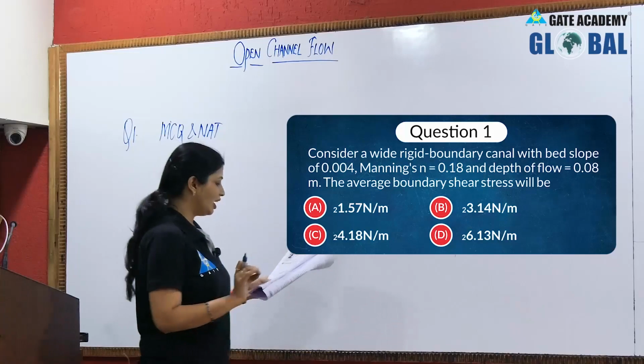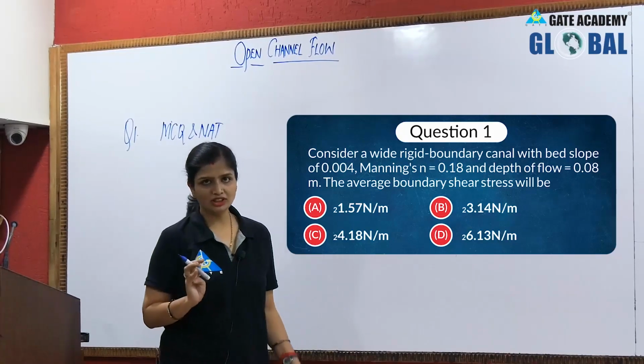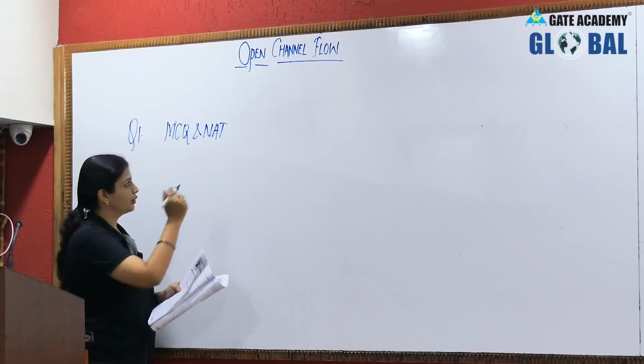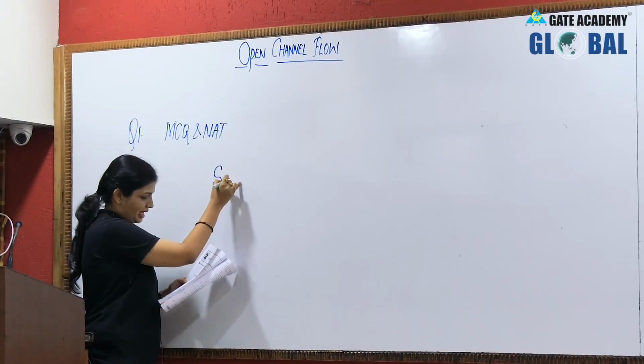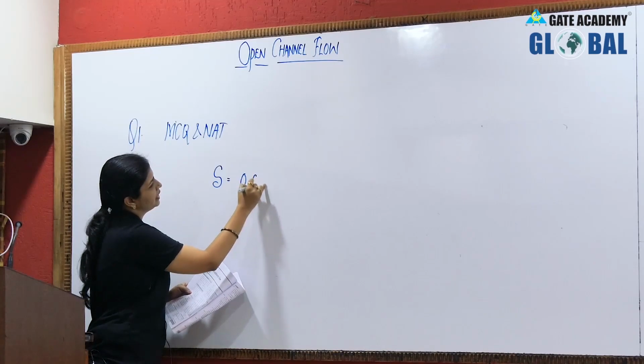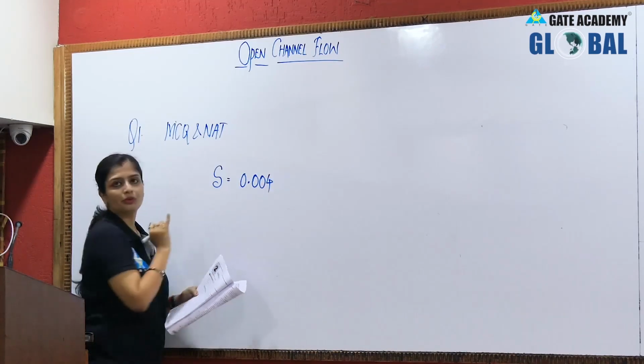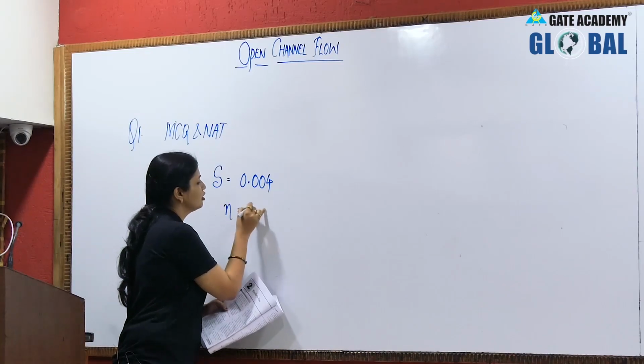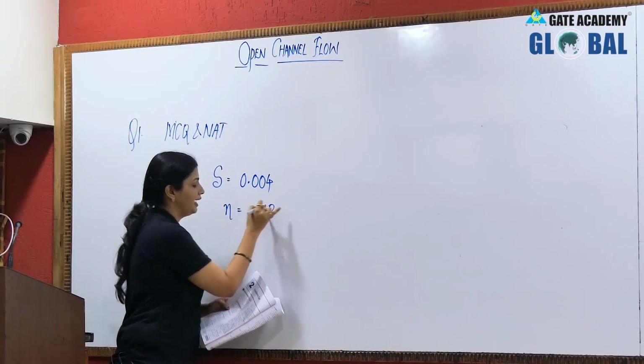So you have been given a wide rigid rectangular channel section. So first of all, let us write what all is given to you. They have given the bed slope S is equal to 0.004. Fine. Manning's n is given to us as 0.18.